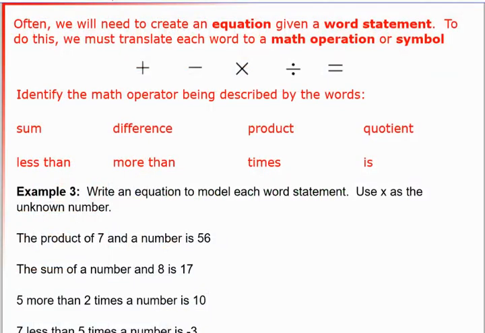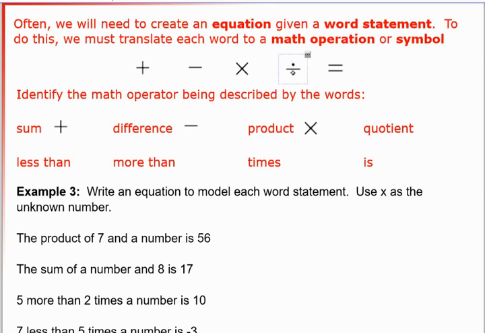I like to have the chat showing on the side. All right, so what would you say for sum? Sum has to do with a plus sign. A difference, we're always looking for the negative. Product is a multiplication.